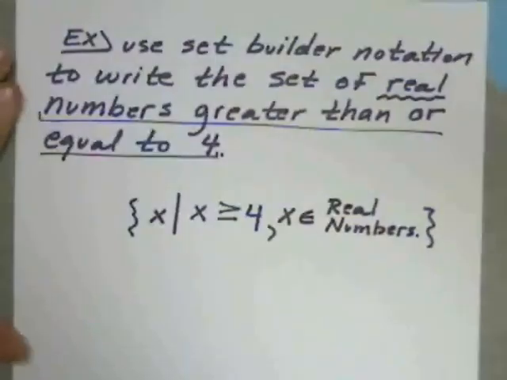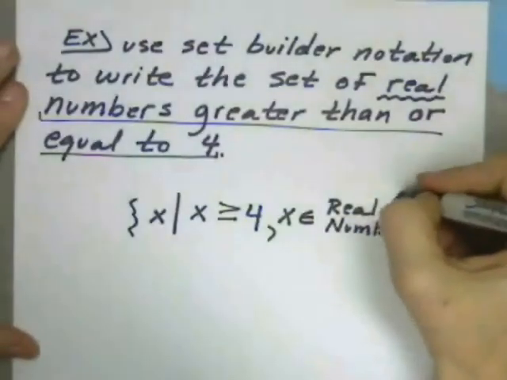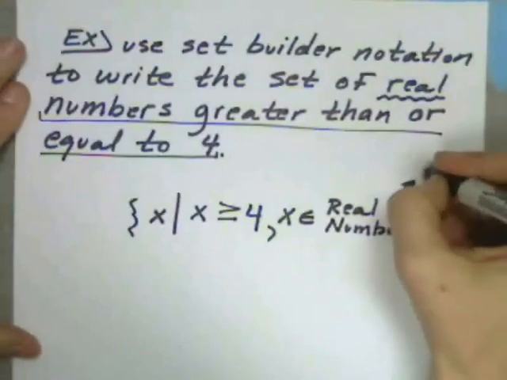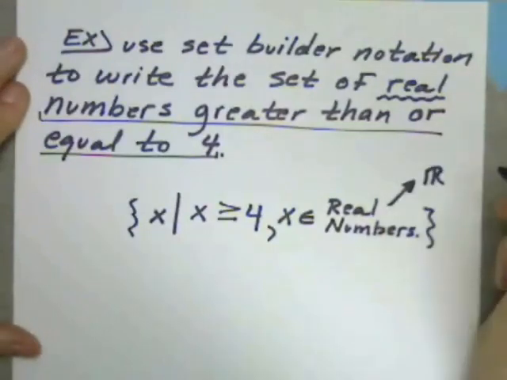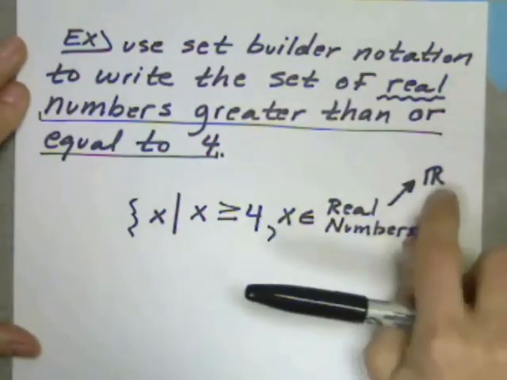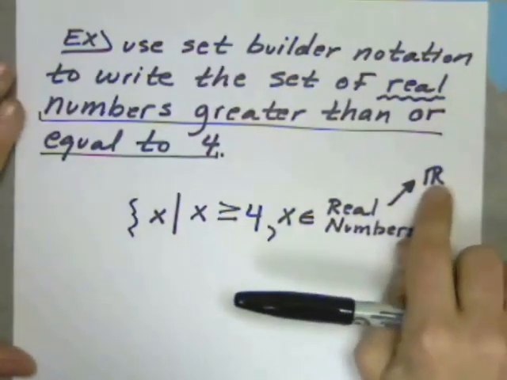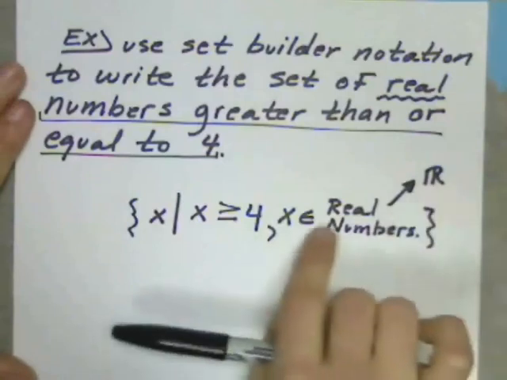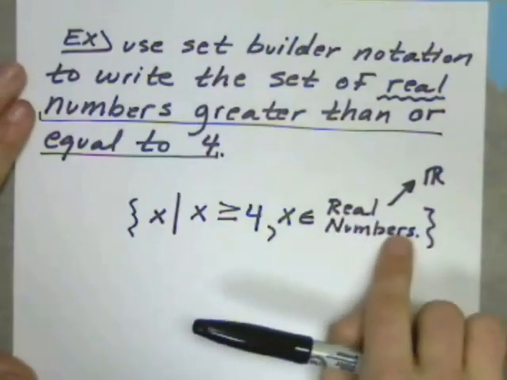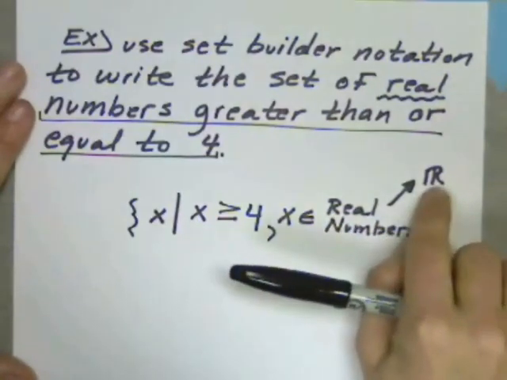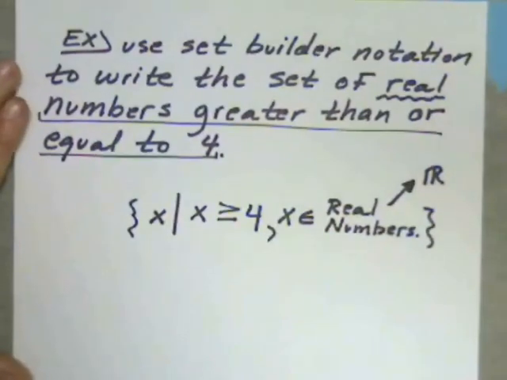Just for fun here, I want you to note that real numbers can also be represented with a bold R. That's the same thing. You won't see this in the book, I don't believe, yet. That's normally for higher math classes, higher level classes. So you're welcome to just write element of real numbers. That's fine. But if you see a bold R, that's what we're talking about. That's what you're reading.